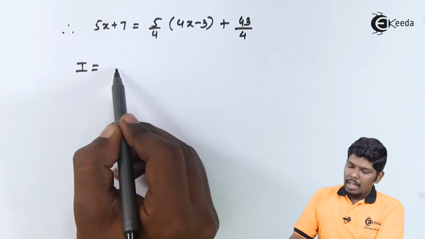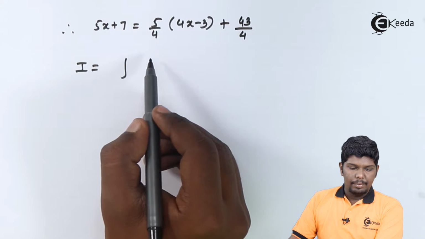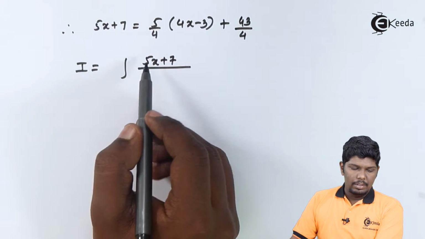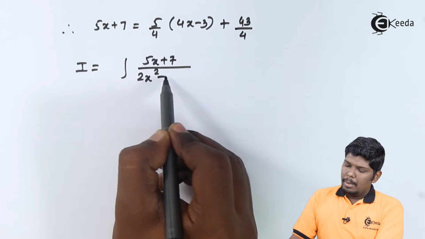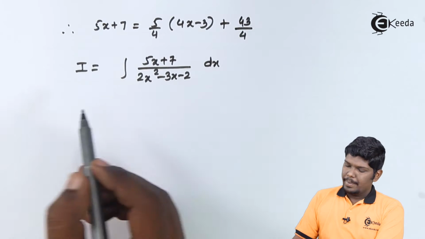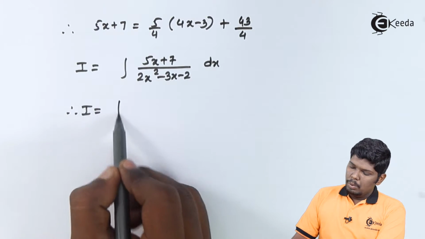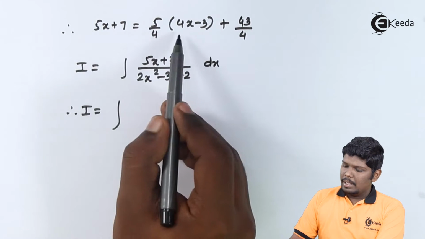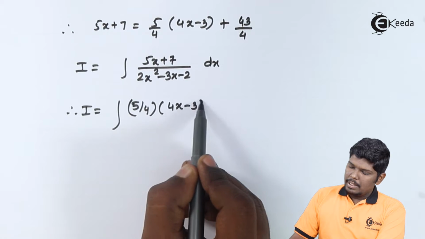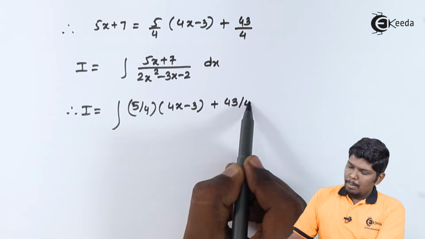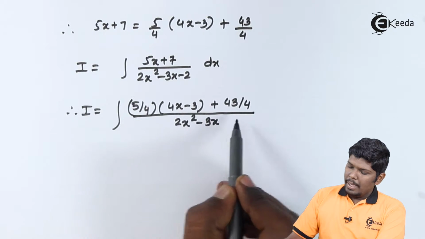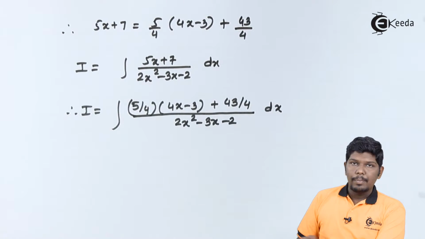Our given integral I is 5x plus 7 upon 2x square minus 3x minus 2 dx. Therefore, I is equal to substituting 5x plus 7 as 5 upon 4 into 4x minus 3 plus 43 upon 4. In the denominator, we have 2x square minus 3x minus 2 dx.